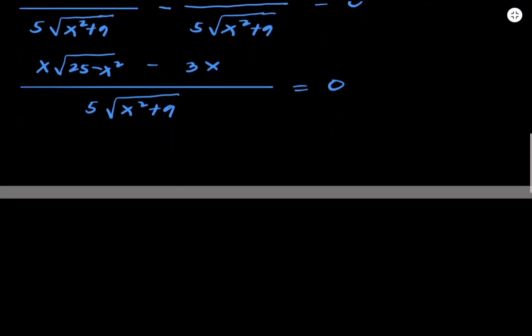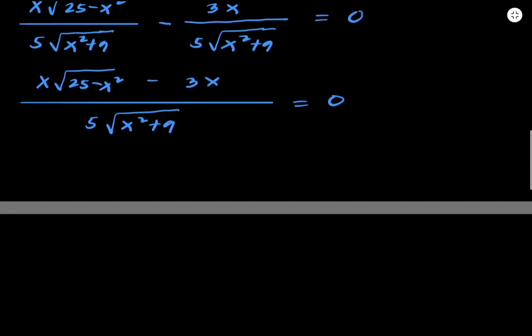Now, to solve this, we need to do cross multiplication, right? And of course, the denominator cannot be equal to 0 because if the denominator is equal to 0, that will make the equation undefined. So we have x times the root of 25 minus x squared minus 3x equals 0.